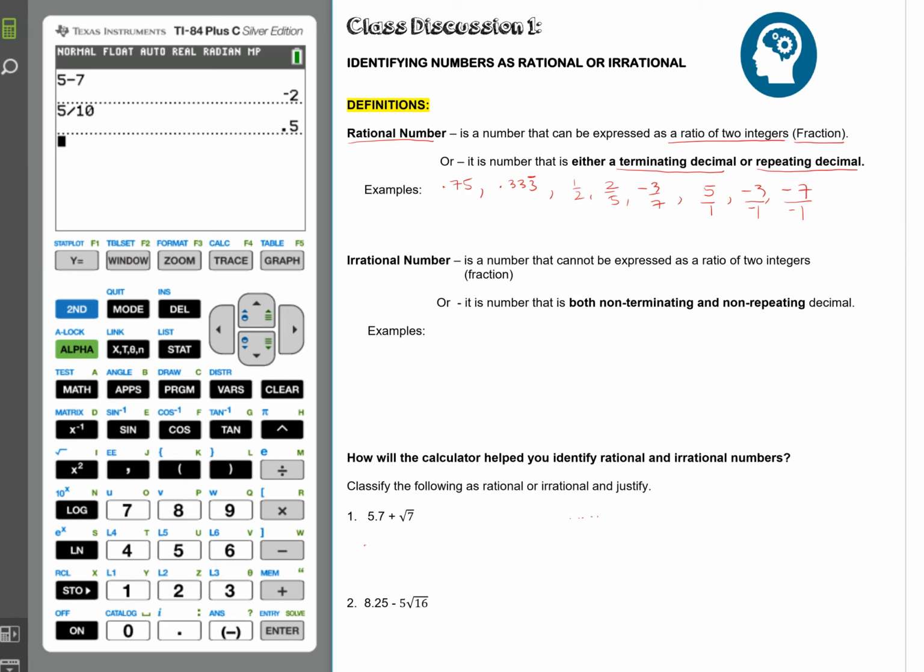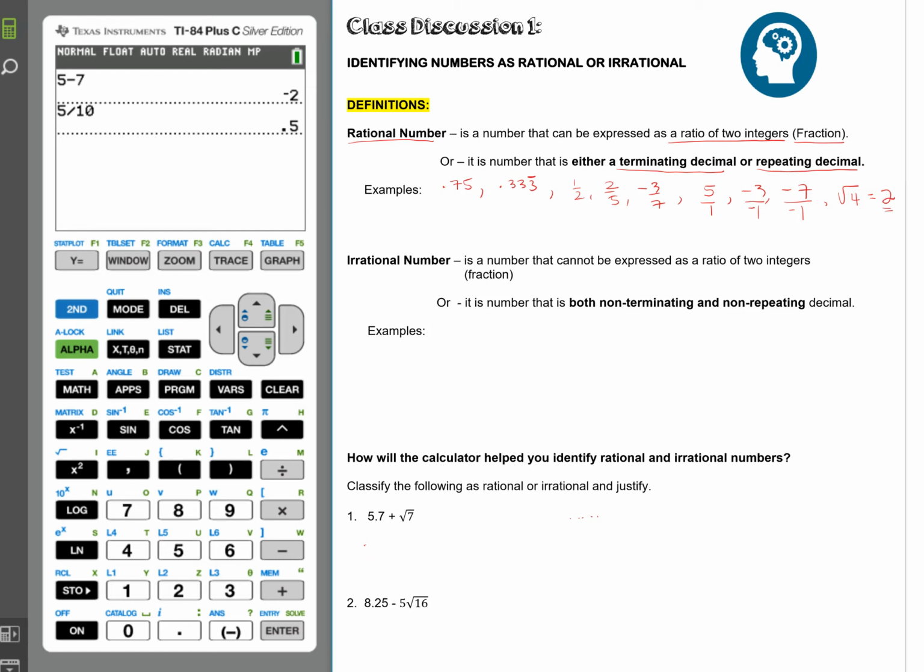Another example of a rational number is the square root of 4, which is actually equal to 2, therefore it is also a rational number. When you simplify the square root of 4 you get a whole number, so it is rational because 4 is a perfect square. Those are some examples of rational numbers.